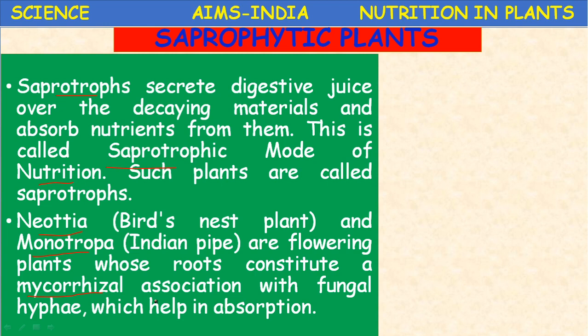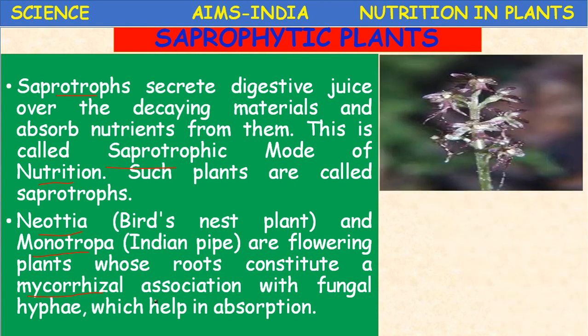So it is a symbiotic association, we can say. Neottia and Monotropa are the two flowering plants. The roots of these plants contain mycorrhiza, a type of fungi, whose hyphae help them in absorption of nutrients. That's why they come under saprophytic plants.